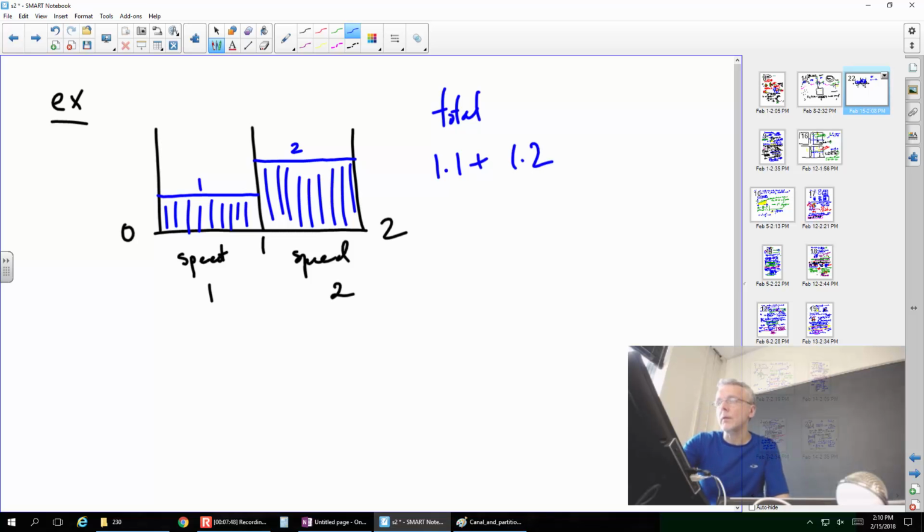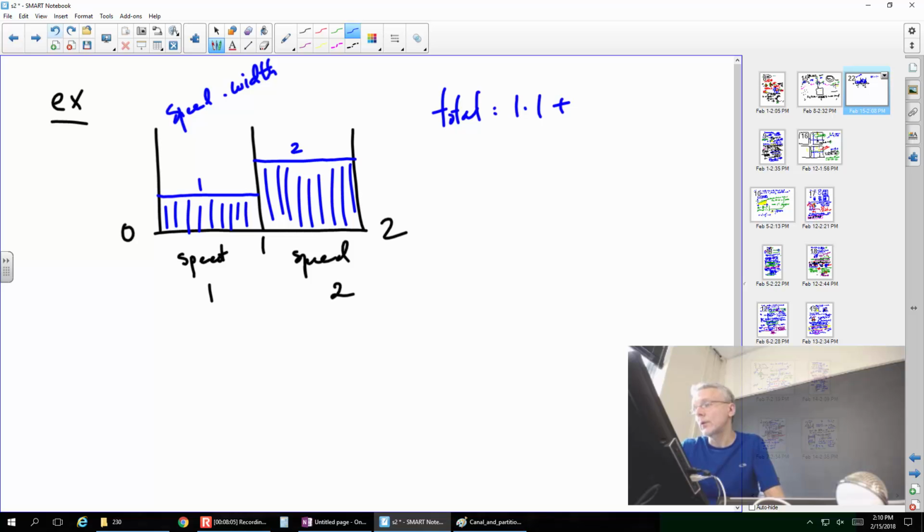Let me put it in the right order. The total is each of them is the speed times width, and then I have 1 times 1 plus 2 times 1. The first pair of numbers are the speeds, and these two are the widths of the gates.